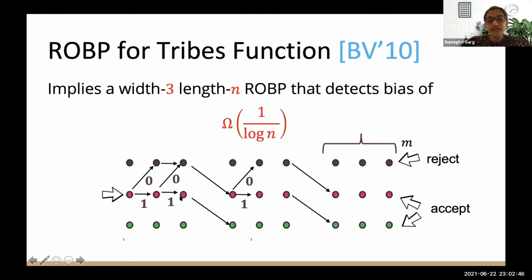If after m steps we are still on the red node, this means that the AND of this block of m input bits was one, and the output of the entire tribes function would be one, and thus we transition to the green node. From the green node we just reach the accept state, and whenever we are in the brown node, we try to compute the AND of the next block again.